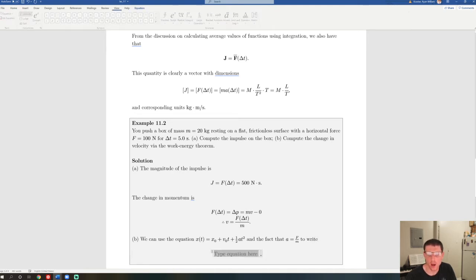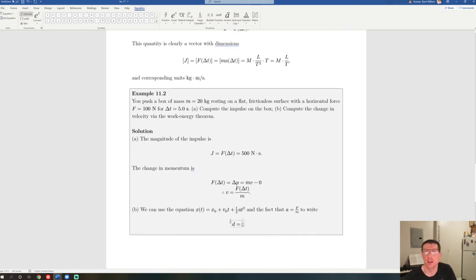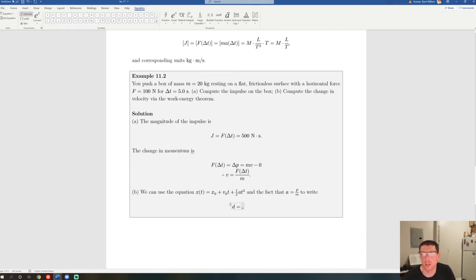I'm saying that the displacement here, or the distance, which is the magnitude of displacement, is just lowercase d, and so that is given by, if we take the starting position of the box to be at our x equals 0 position, which is, I think, the most sensible thing to do, we can write this: 1/2 a delta t squared.